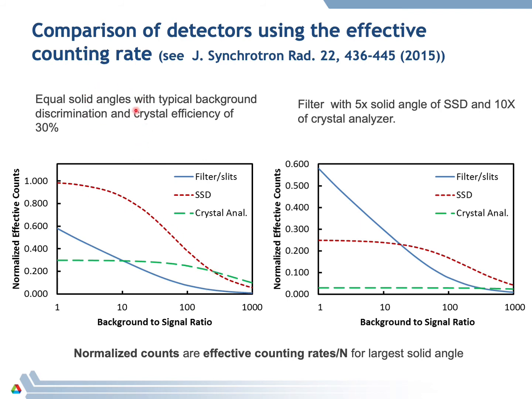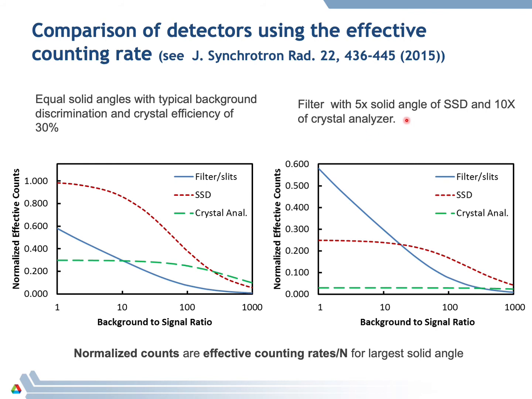Now this was assuming equal solid angles for all the detectors, but typically, as I mentioned with the filters, you can collect a really large solid angle because you're not really limited on the detector size. So say a typical case might be you get 5 times the solid angle with a filter and a slit system than you might with a solid state detector.